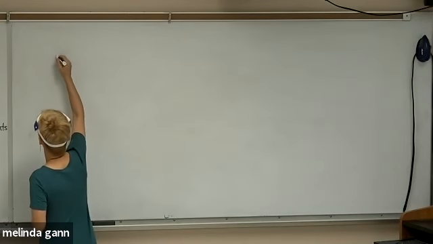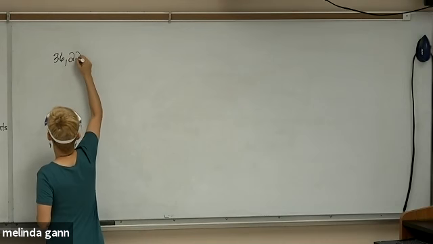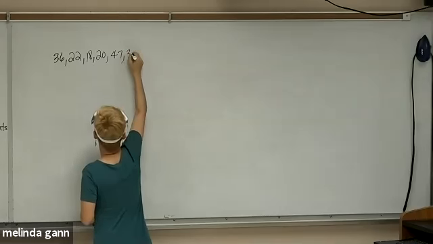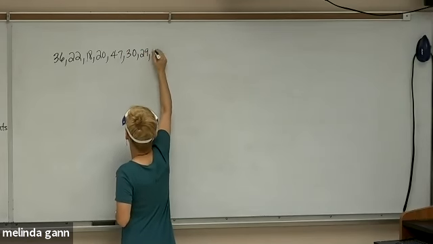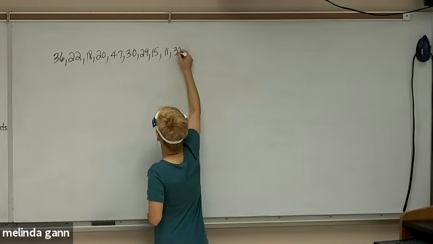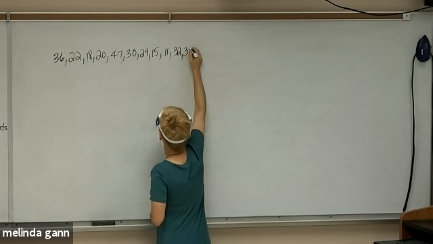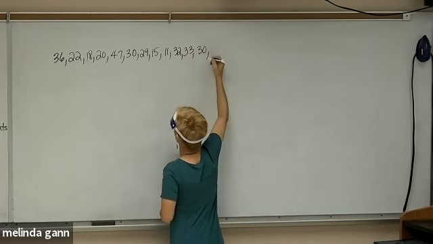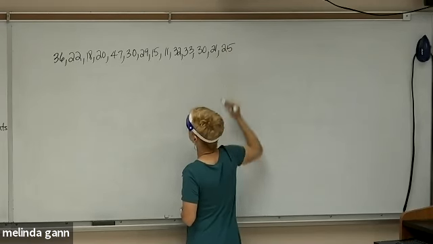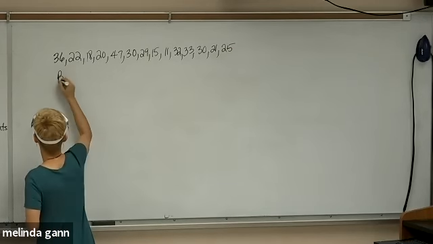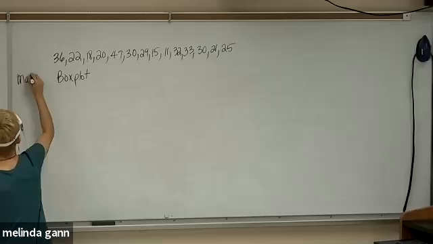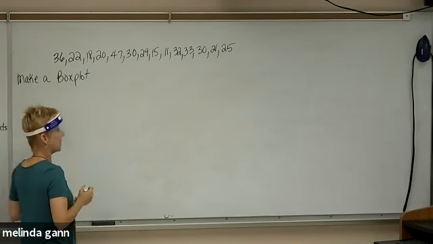Suppose this was your data. 36, 22, 18, 20, 47, 30, 29, 15, 11, 32, 33, another 30, a 21, and how about a 25? And the directions say, make a box plot.